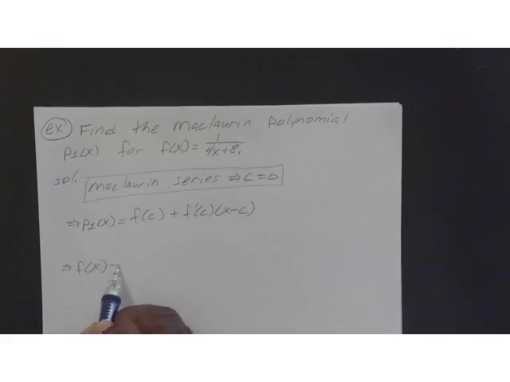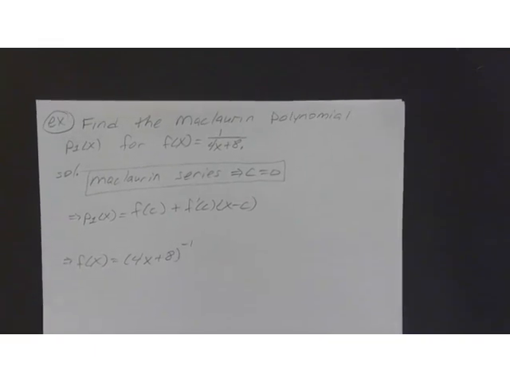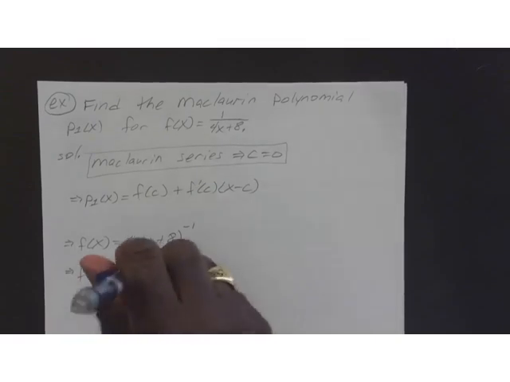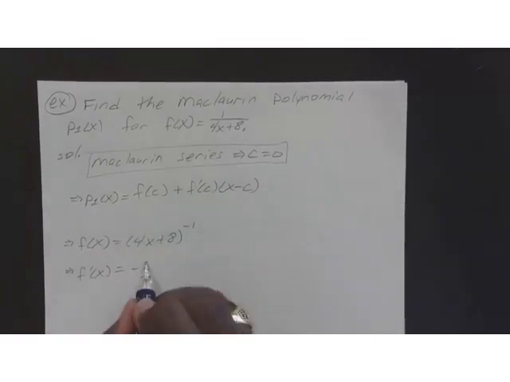So our f of x, we can rewrite that as 4x plus 8 to the negative 1 power. Which means that our derivative, using the chain rule, we bring down the negative 1. So negative 1, or you can just put negative. Yeah, 1 is kind of unnecessary.